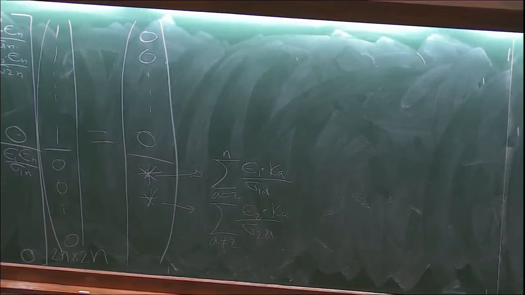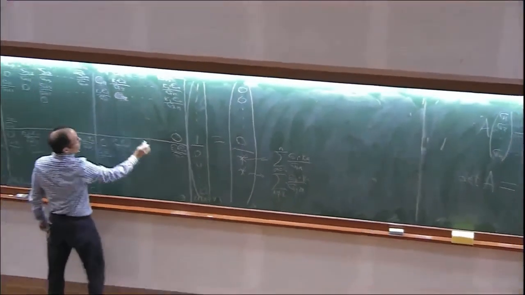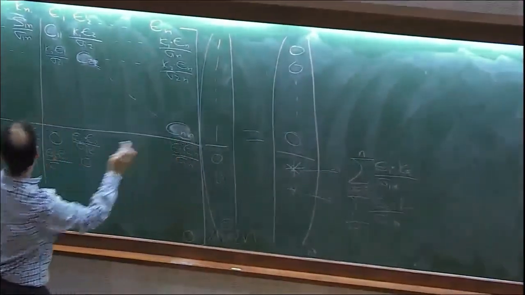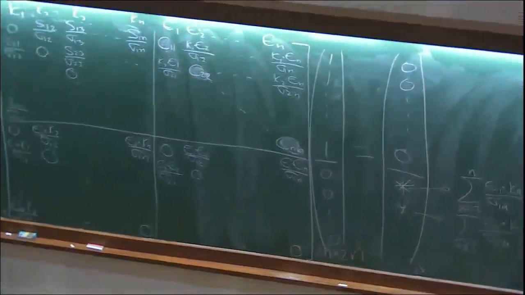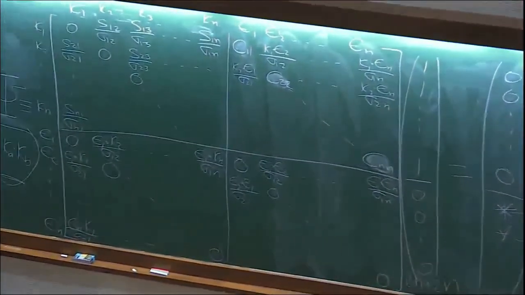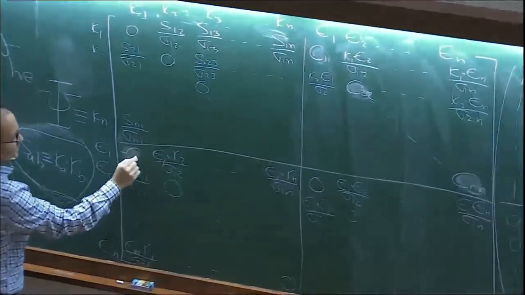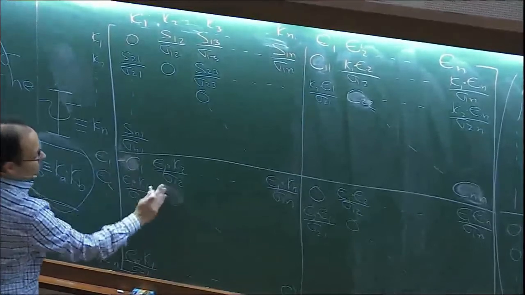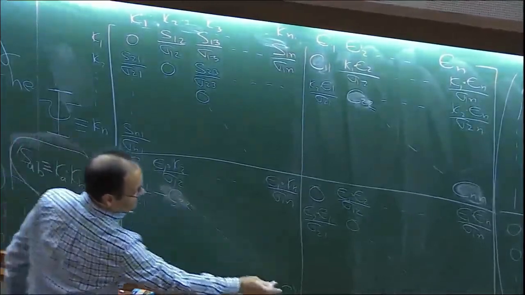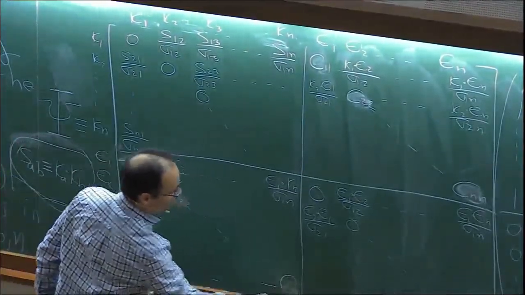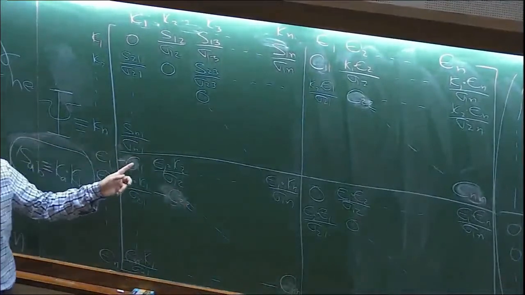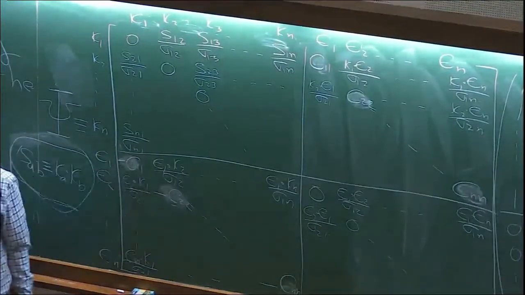So maybe this is a place where we can allow ourselves to do something. So let's call this C11, C22, all the way to CNN. Of course, we don't want to mess with the fact that it's anti-symmetric. So we need this one to be, whatever C11 is, this will be minus C11, minus C22, all the way to minus CNN.